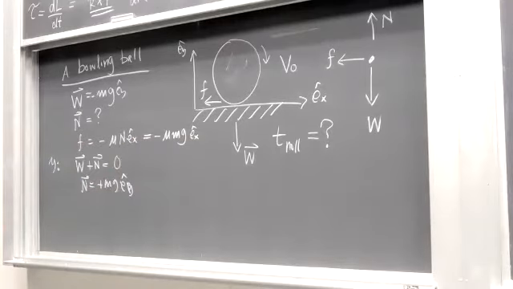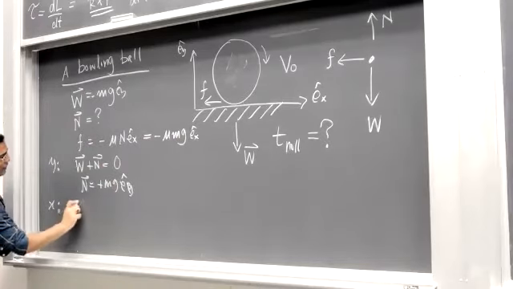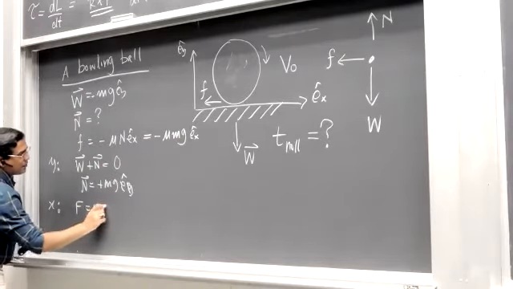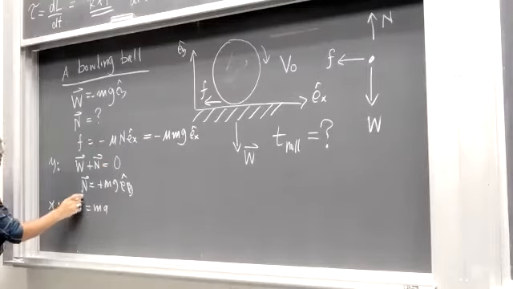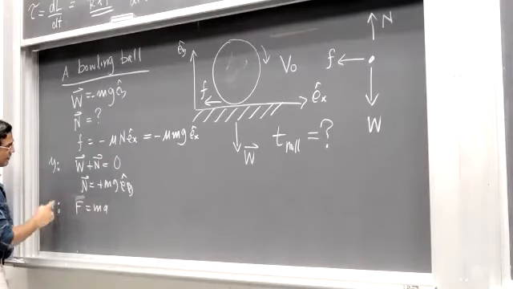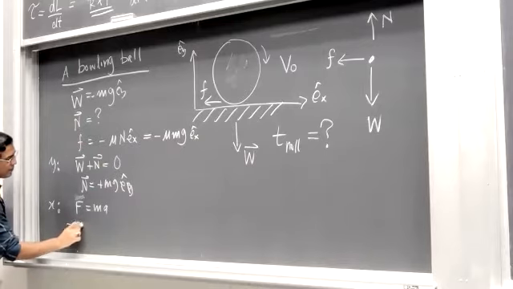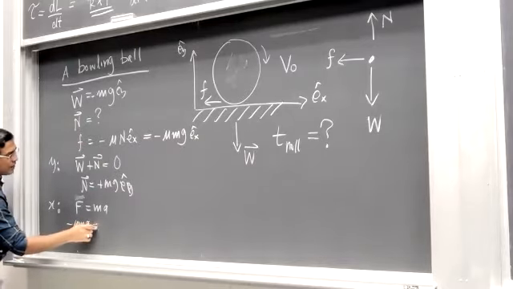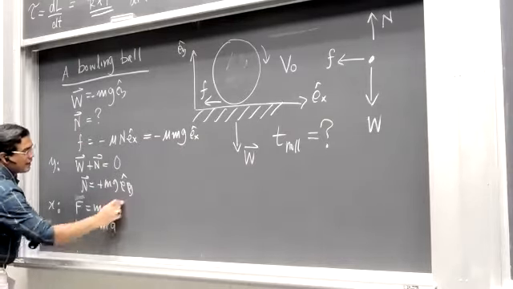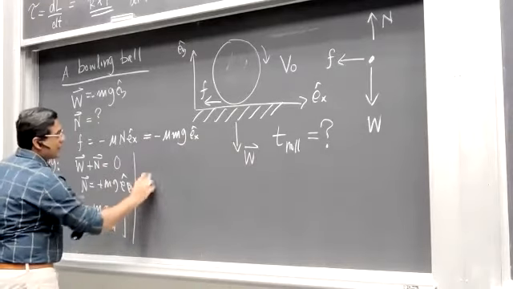Now if we look at the x direction, again solving F is equal to ma, sum of all the forces, and since we are in the x direction, we don't need to write vectors. The force of friction, mu mg, is equal to ma. So what is acceleration then?